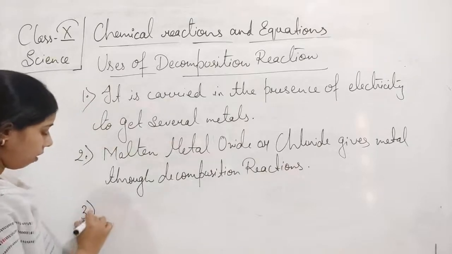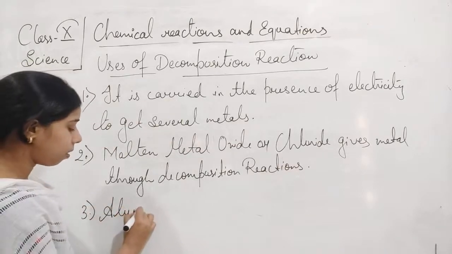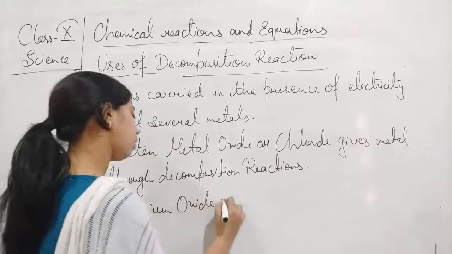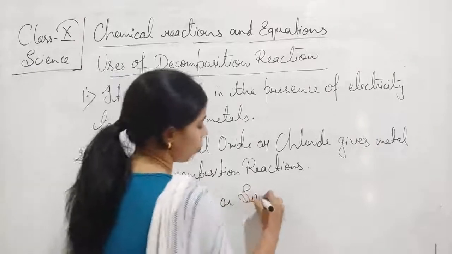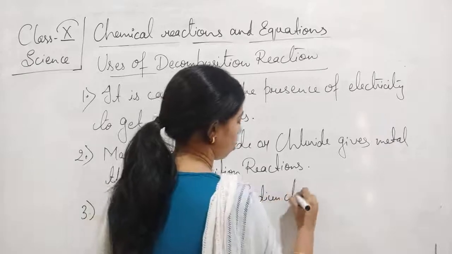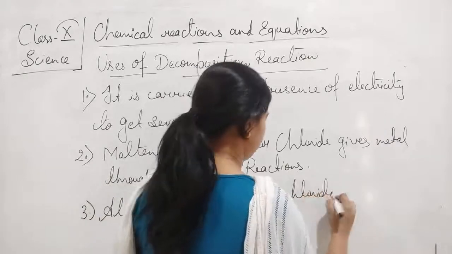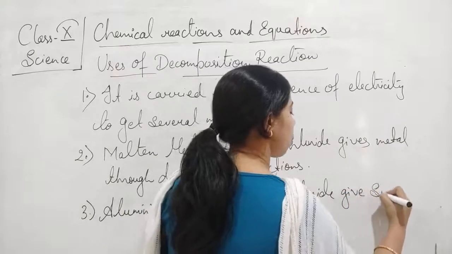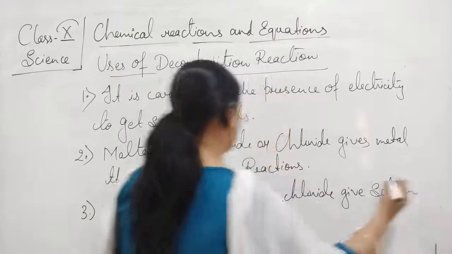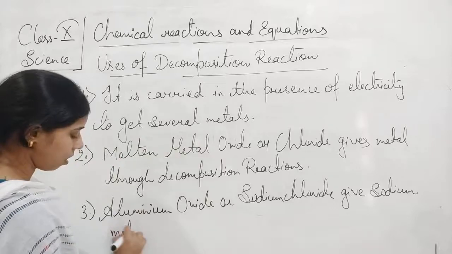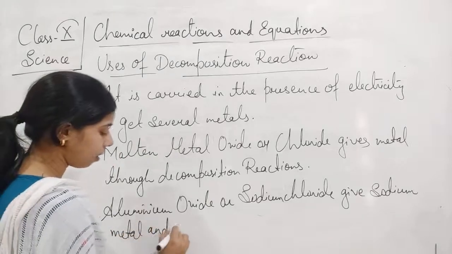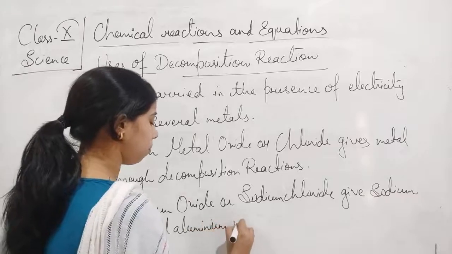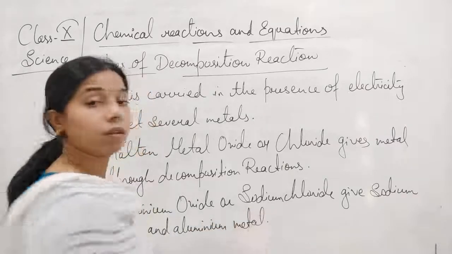Example: aluminium oxide or sodium chloride gives sodium metal and aluminium metal.